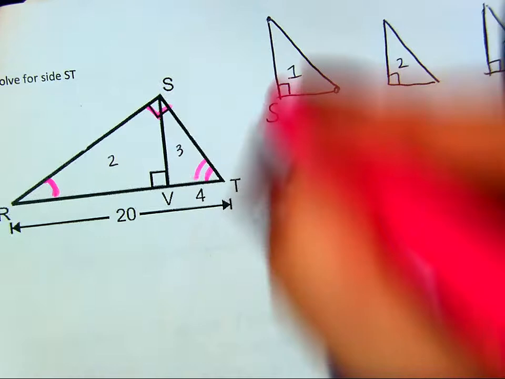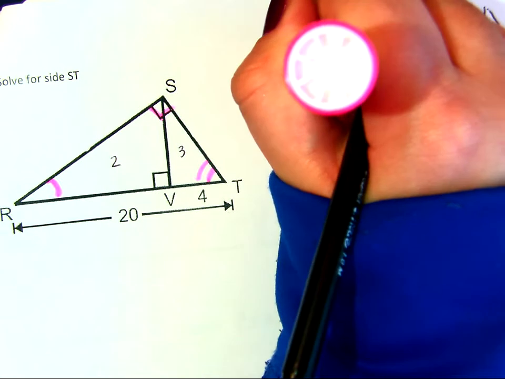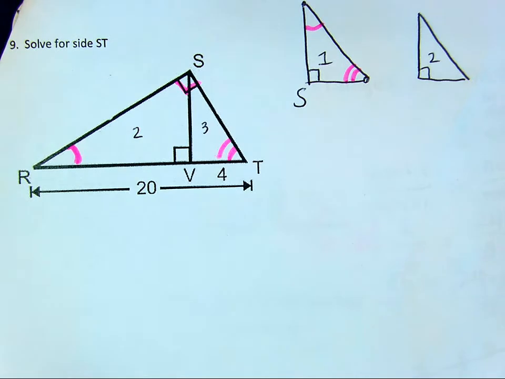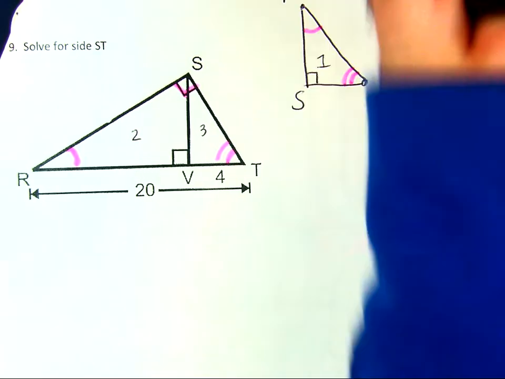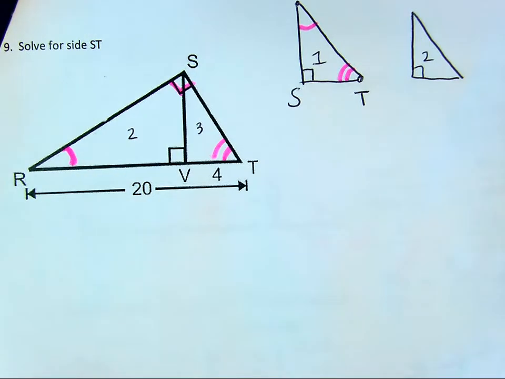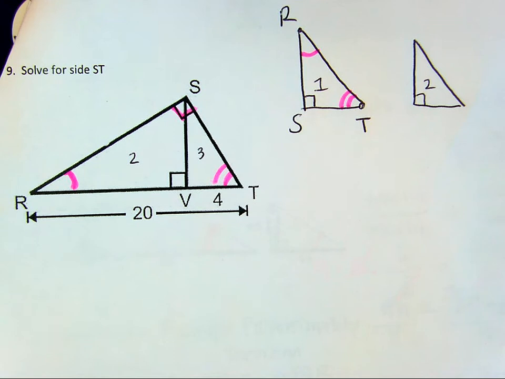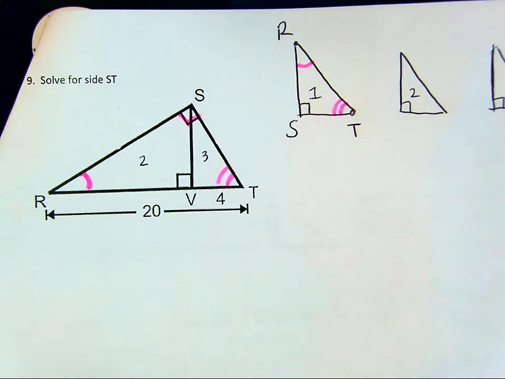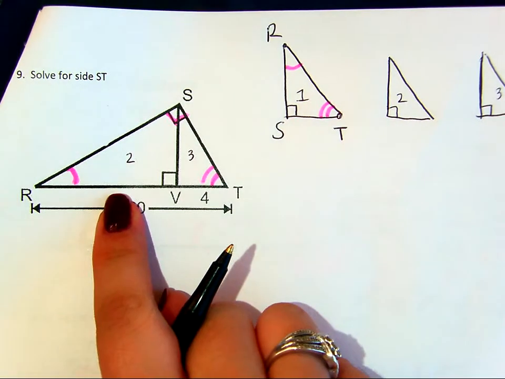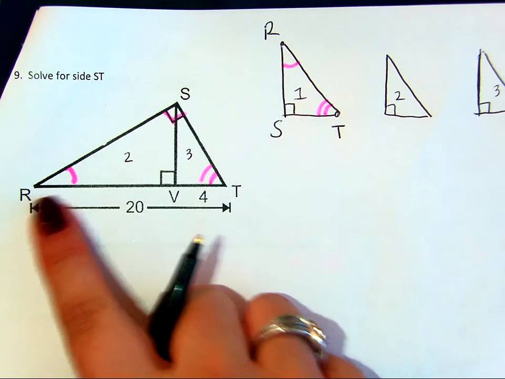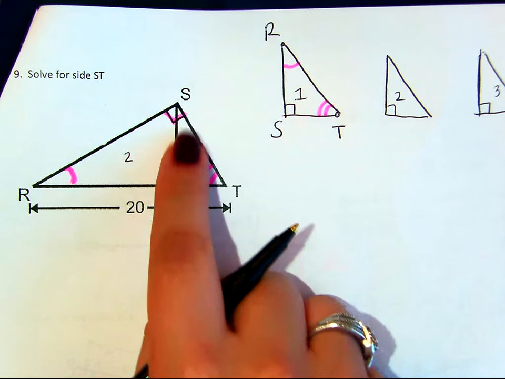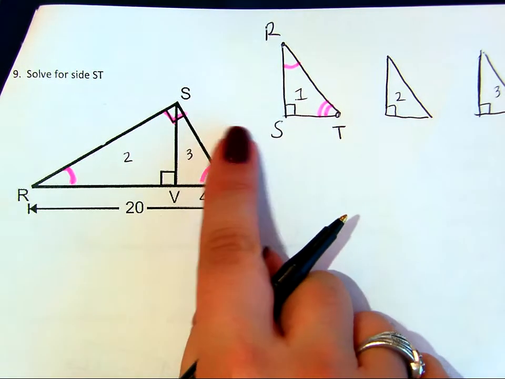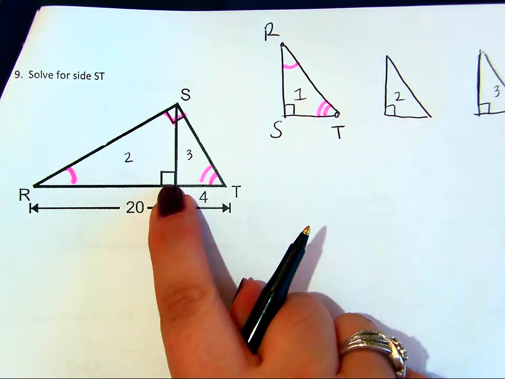So let me just put R up here and I'll put T down here. So R and T. That's triangle 1. Okay, so triangle 2 is this guy. Triangle RVS. So where is my 90-degree angle on triangle 2? So 90 is here at V.